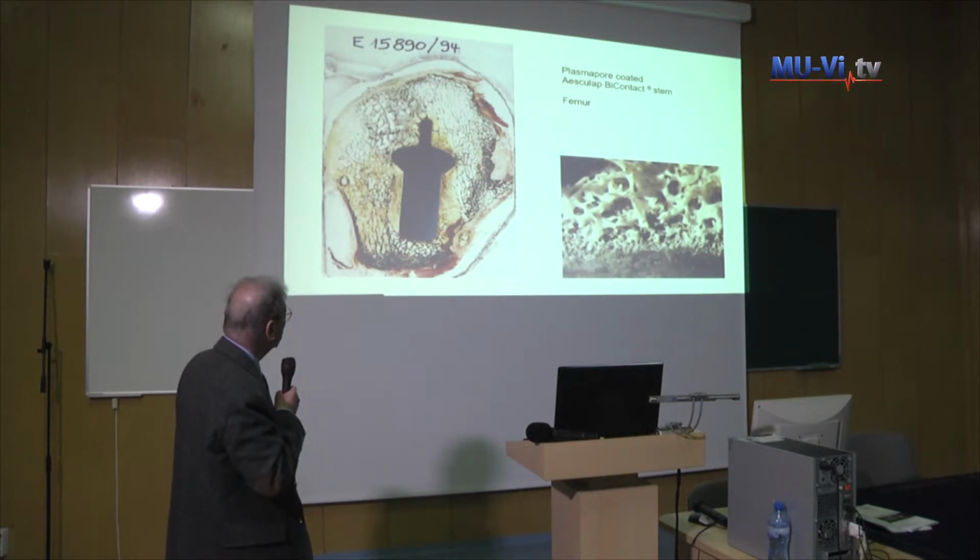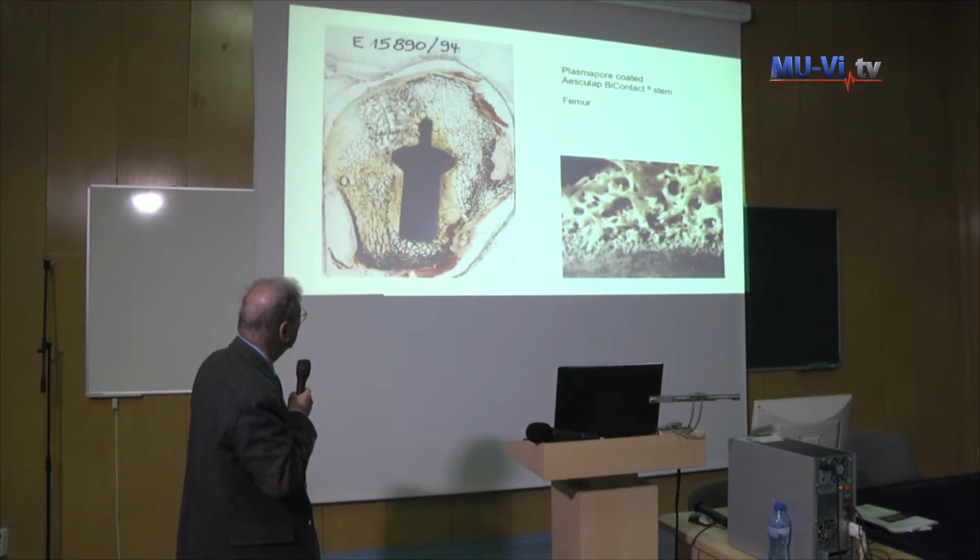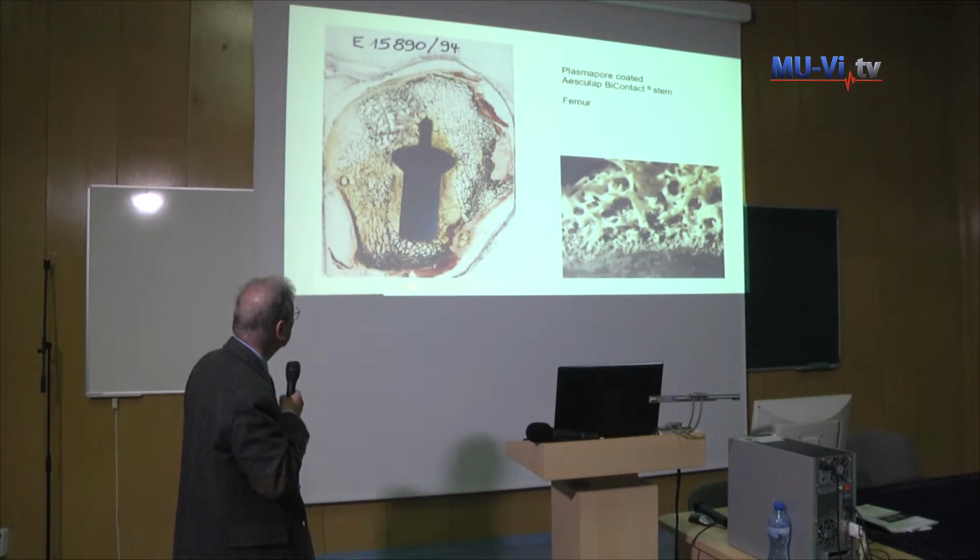due to the disuse of the bone. So this bone is not loaded and unloaded as usual, because the load is transferred by these newly developed trabeculae to the stem, and this is on the lateral side, on the area anterior and posterior, and the medial side.